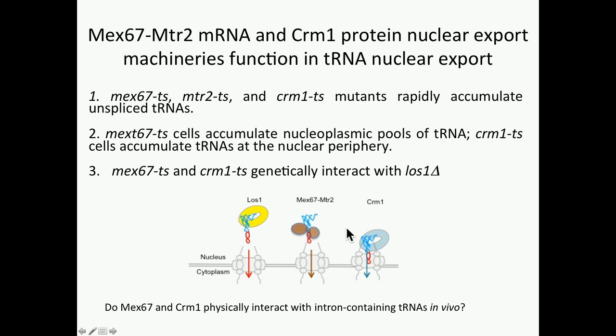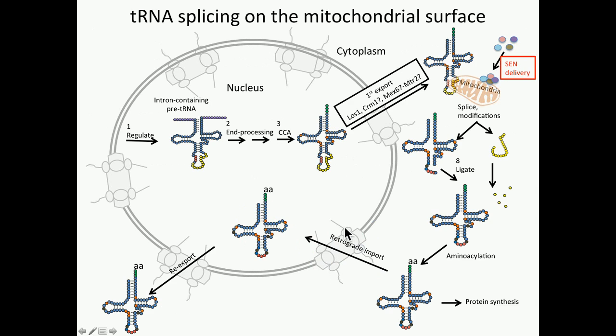Okay. So in the remaining time, I'd like to talk about another category of mutants that also accumulated unspliced tRNAs, and we're proposing that these are defective in delivering the splicing endonuclease to the surface of the mitochondria.